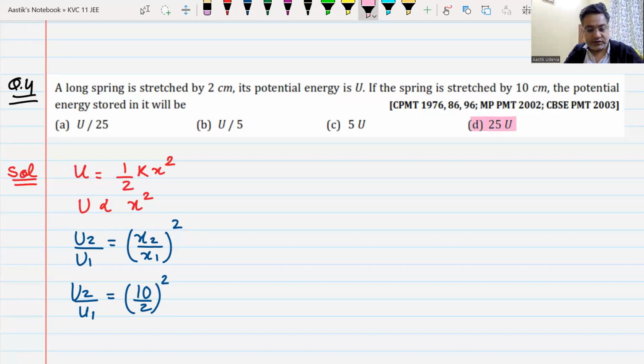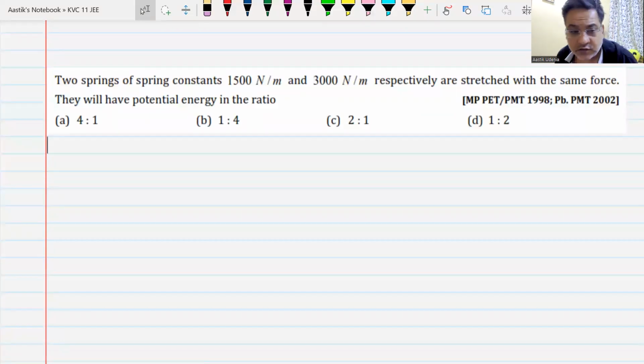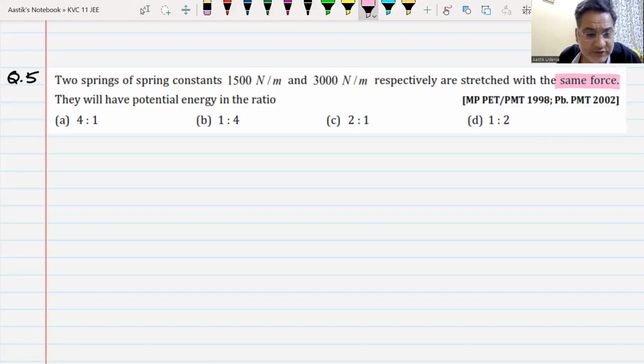Now comes this question. Two springs of different spring constants, as you can see, are stretched with the same force. What will be the ratio of their potential energies?